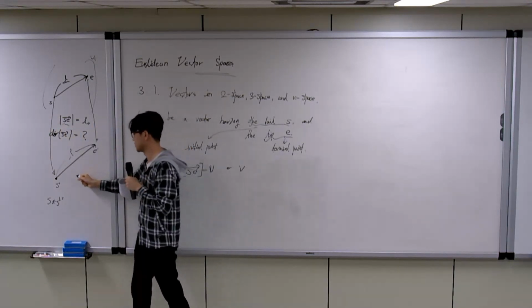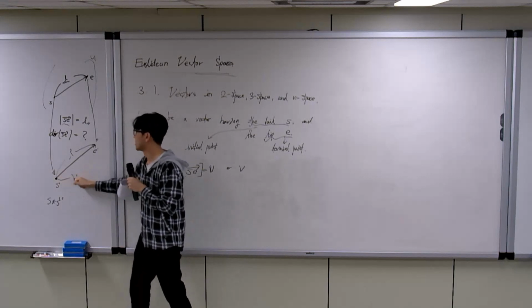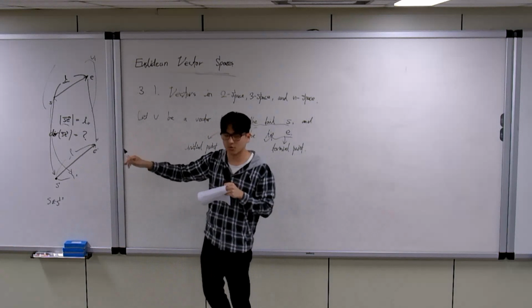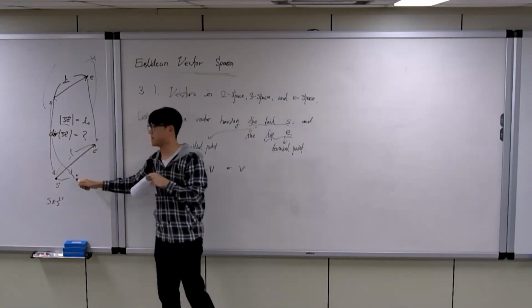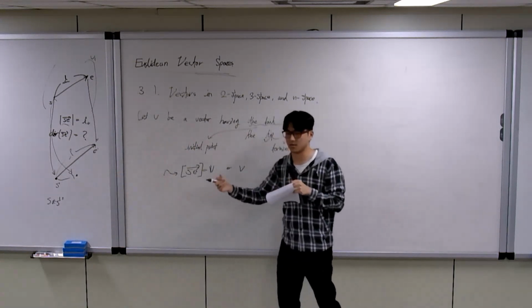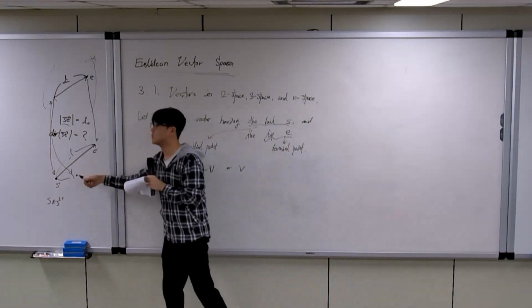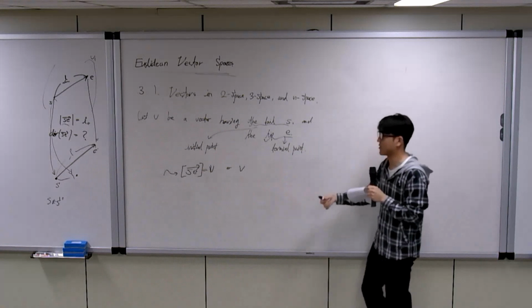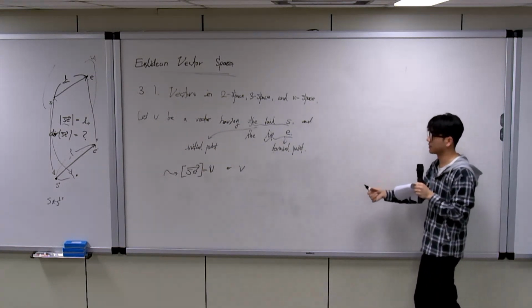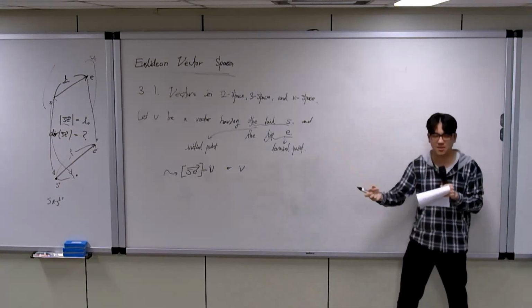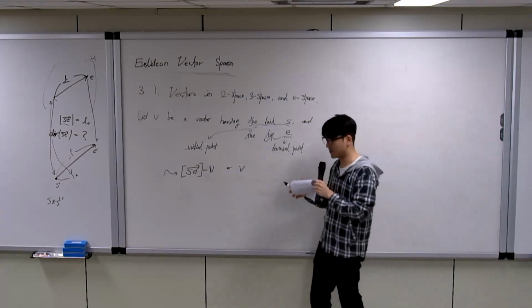If you choose one point, you can translate the vector to this point, having this point as the starting point. This is a very convenient notation, as I will show after we define what a vector space is.